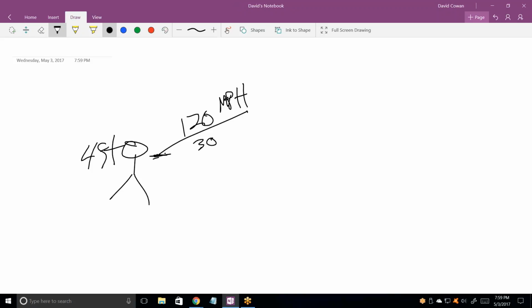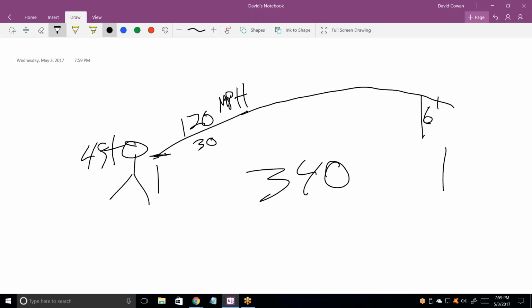That's a standard exit velocity for a well-hit ball. Pretty hard, actually. And the question is that 340 feet away, which is a typical ball field, there is a 6-foot fence. Does the ball clear the fence and make a home run, or does it hit the fence?